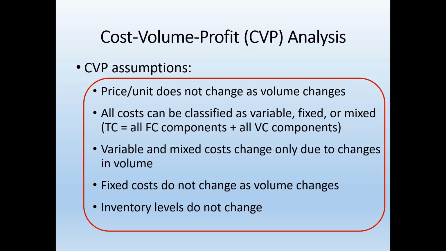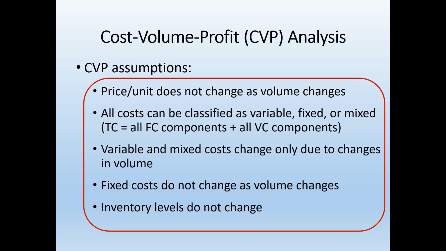In addition, we assume that the only reason that our variable and mixed costs change is because of changes in the activity level. In other words, the prices don't go up on a per unit basis and they don't go down. In addition, we assume that fixed costs are not going to change due to a change in volume. In other words, we're ignoring the possibility of a rent increase.